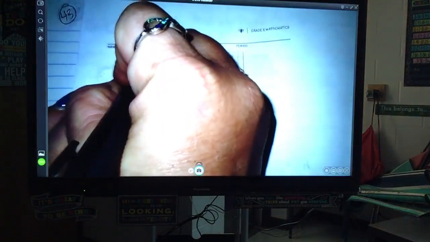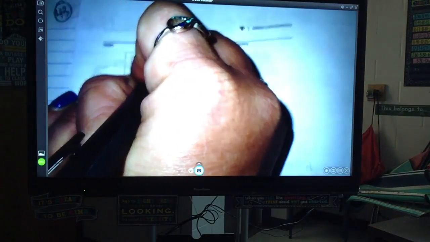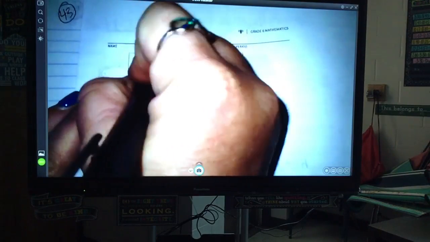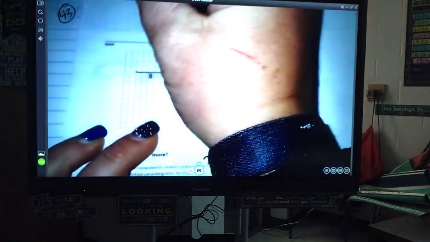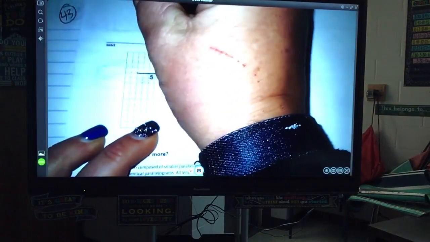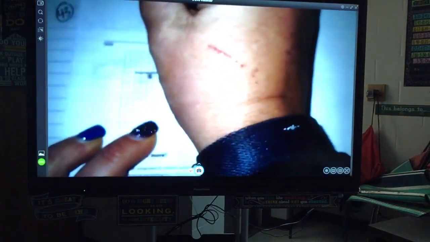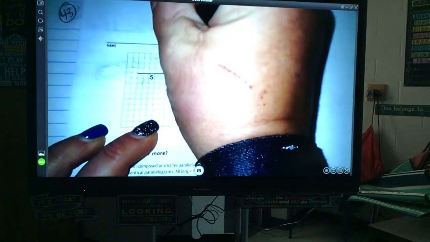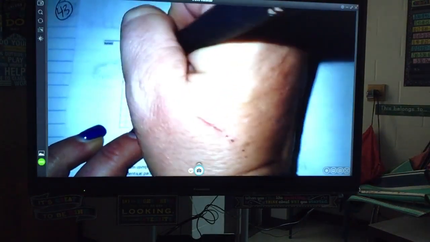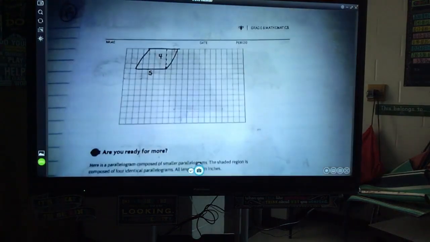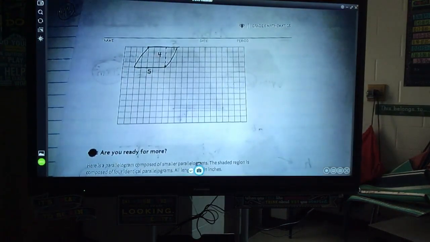I'm going to do 5: 1, 2, 3, 4, 5. And then you said 4, right? So my height, 1, 2, 3, 4. So by simply taking the two factors that you told me, I can draw a parallelogram, right?